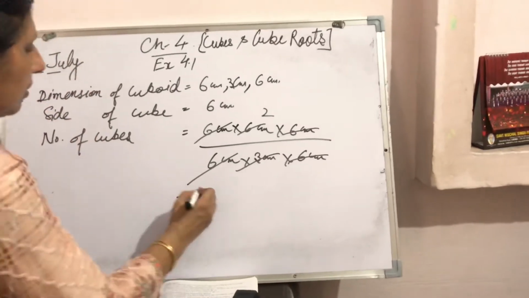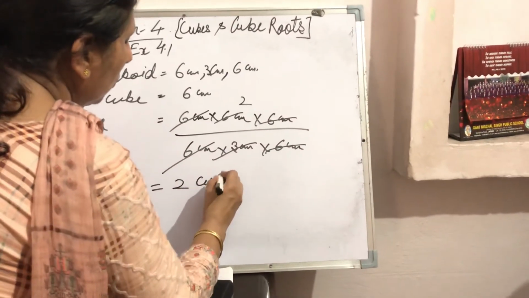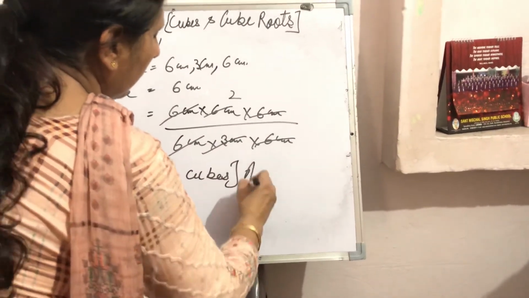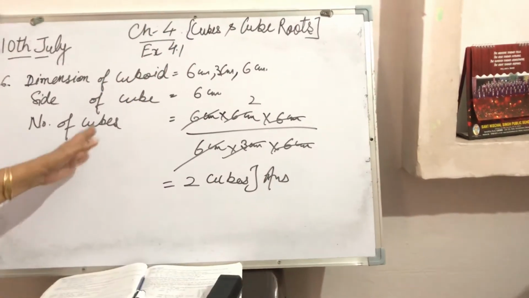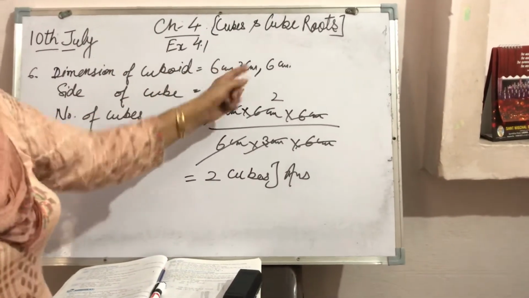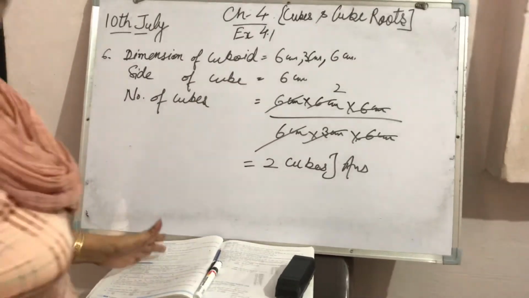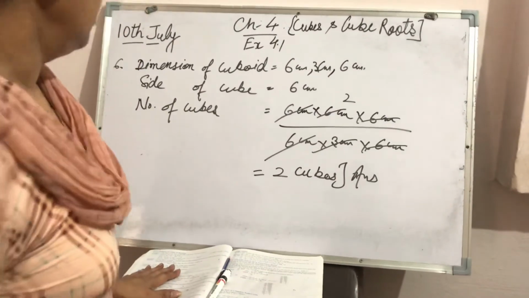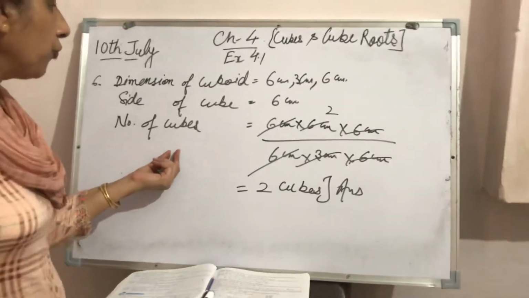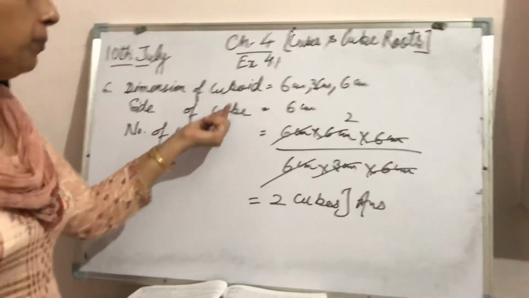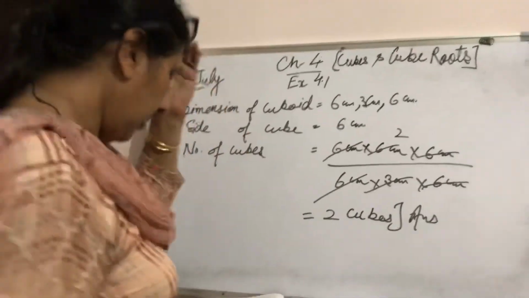Number of cubes, they are 2 cubes. Volume of cuboid is length, breadth and height, we have already written. You will learn in detail when you start the mensuration chapter. So for finding the number of cubes, volume of cube divided by volume of cuboid.